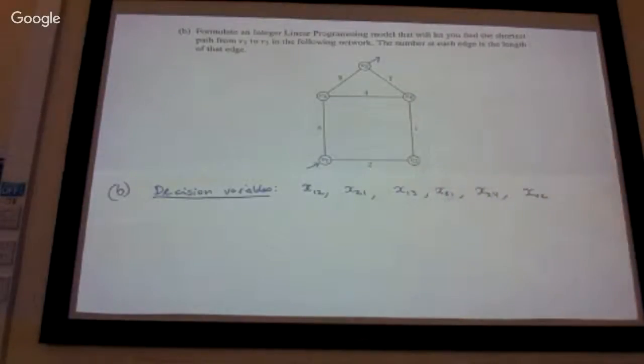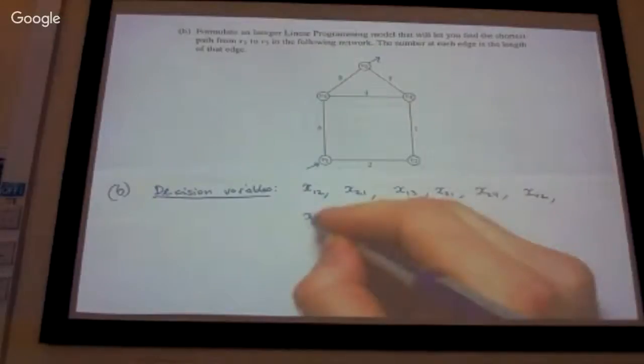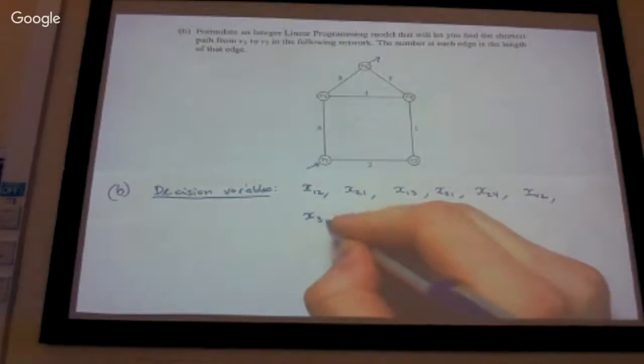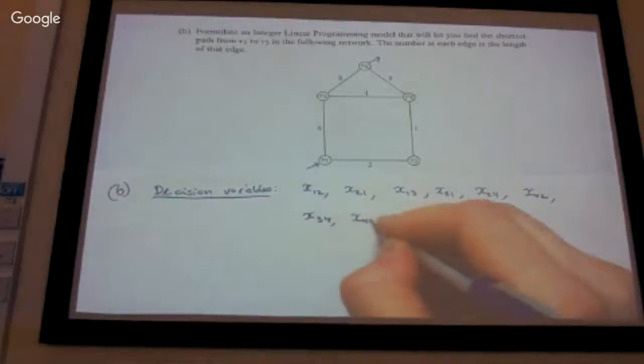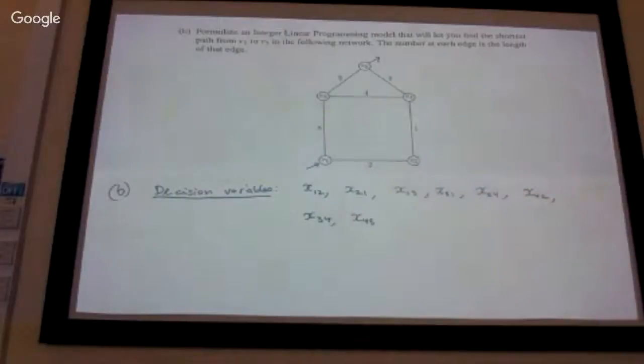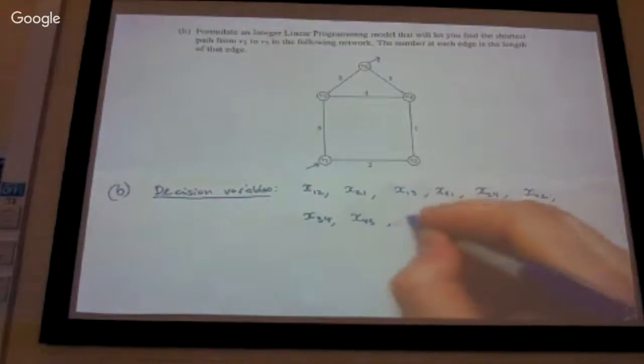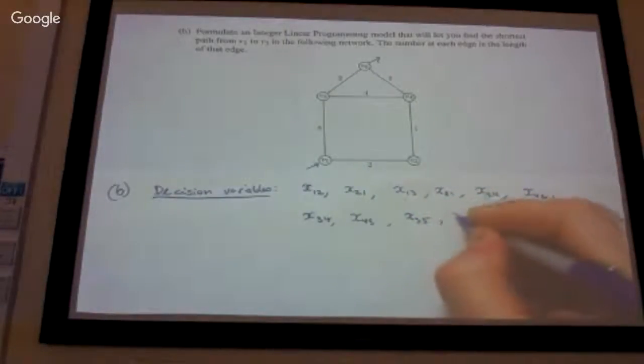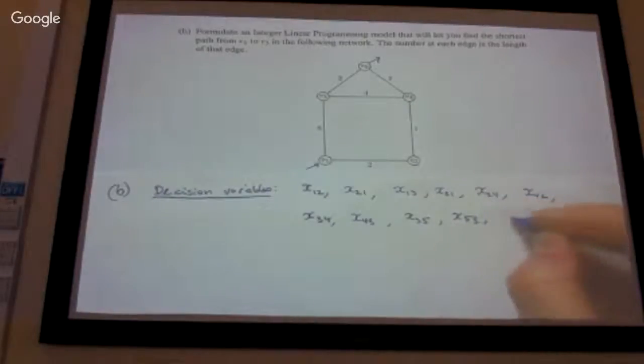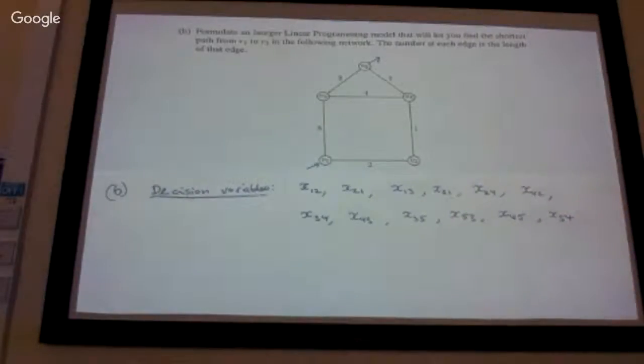For this edge I have x3,4 and x4,3. For this one, x3,5 and x5,3, and x4,5 and x5,4. And they're all binary decision variables.